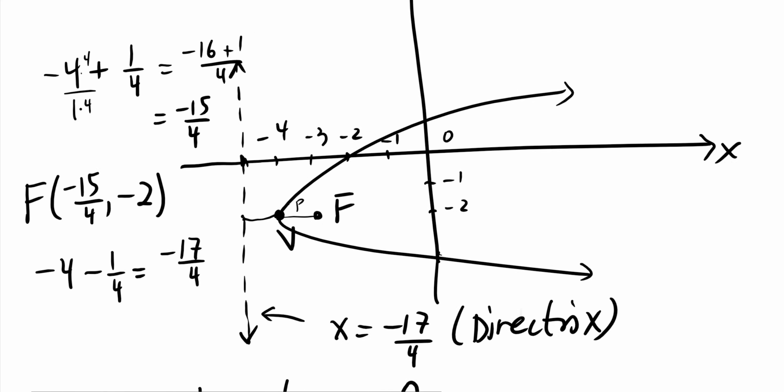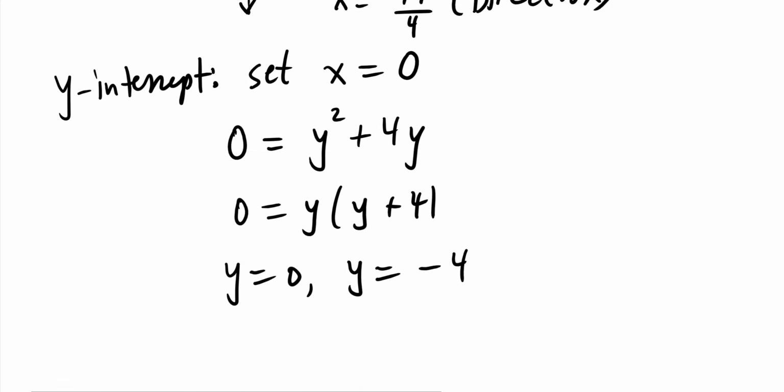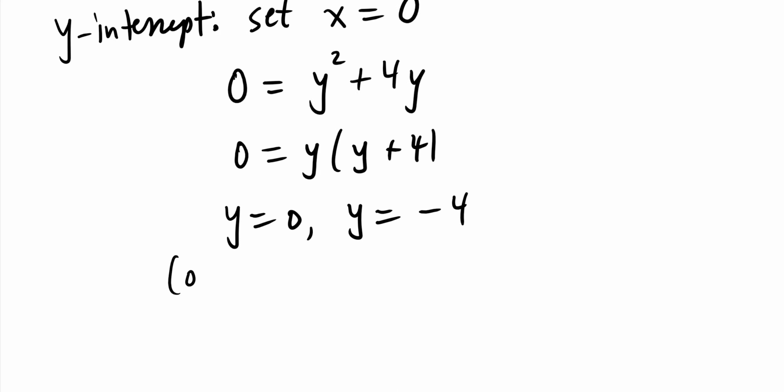So if I go back to the graph, I need to modify the graph a little bit here. It has to go through the origin and then down to -4. That's why it says graph it, so we need to make sure it goes through the origin and through -4. So the y-intercepts are (0, 0) and (0, -4).